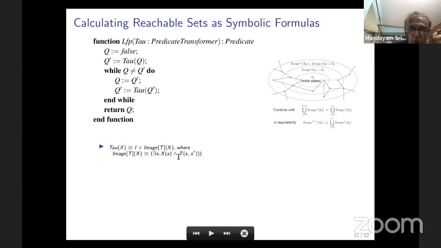This is a formula over S prime, and S prime is in it. It is true if there exists some state in X which has S prime as its image under T, okay? So with that tau, you can view this.